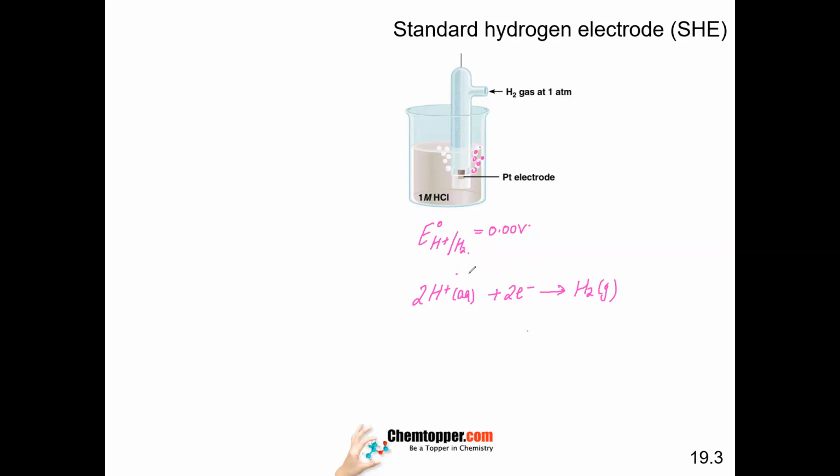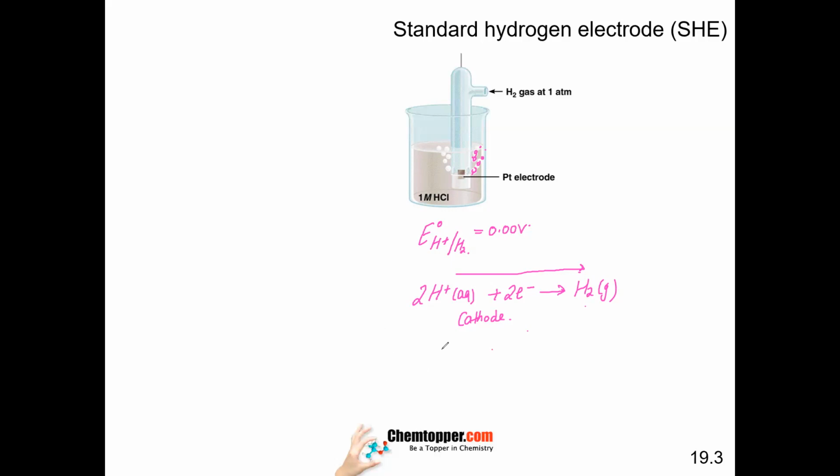If the reaction is taking place in this manner, then it means it's working like a cathode. I have seen this question also. How will I come to know that this is working like a cathode here? You can see bubbles. See these bubbles? So it means reduction is taking place.